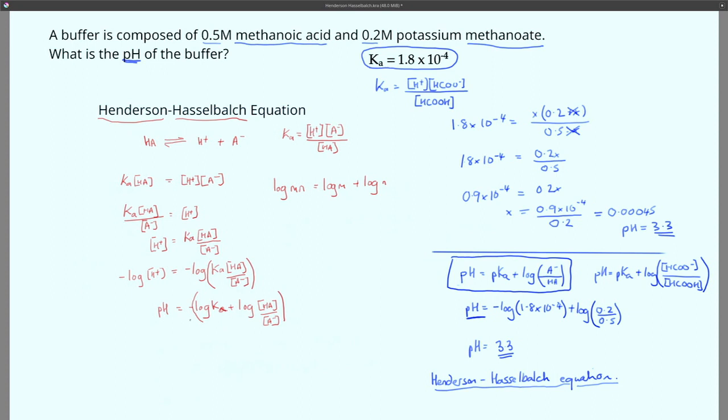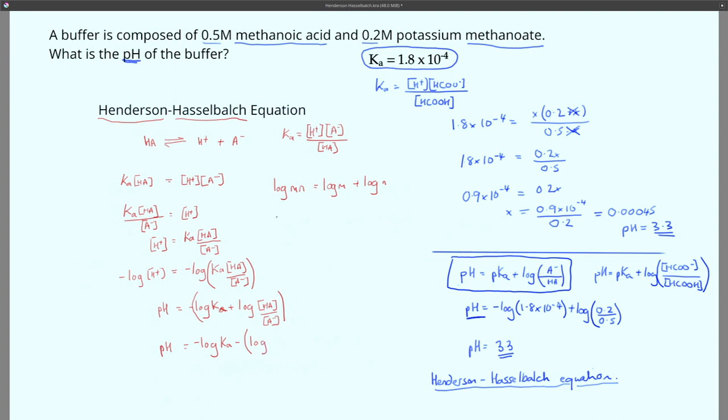Now the next step, I'm going to put the minus into both in a second. So we've got pH equals minus log of Ka. Now this can be changed into pKa, which is a value we use quite often. And then we've got minus, and again I'm going to put it in brackets, log of.